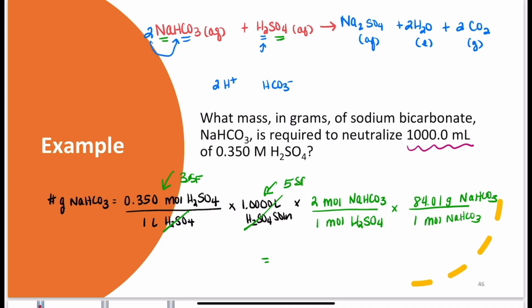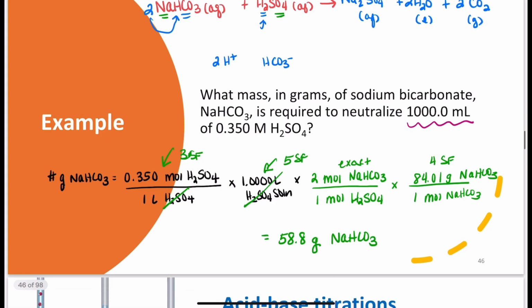This has 5. This is exact. This has 4 sig figs. So my final answer can only have 3 sig figs, and it comes out to 58.8 grams of sodium bicarbonate. So in order to neutralize 1 liter of a 0.35 molar sulfuric acid solution, I would need almost 60 grams of bicarbonate to do so.